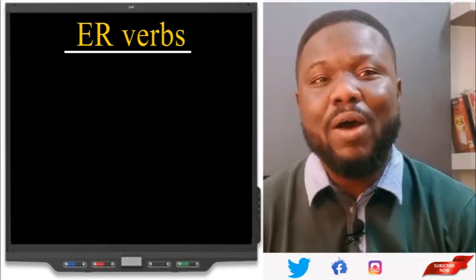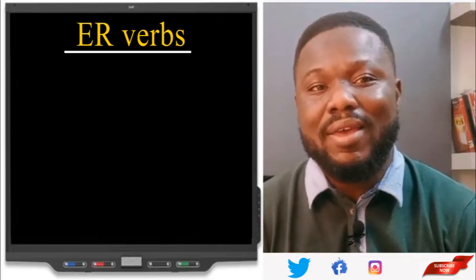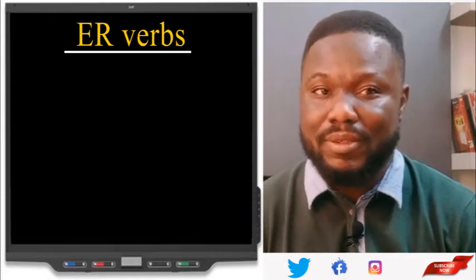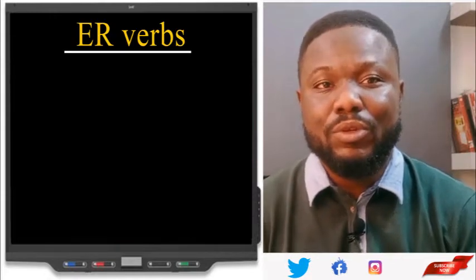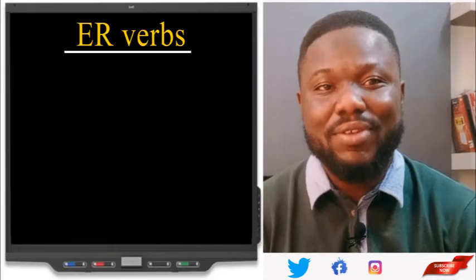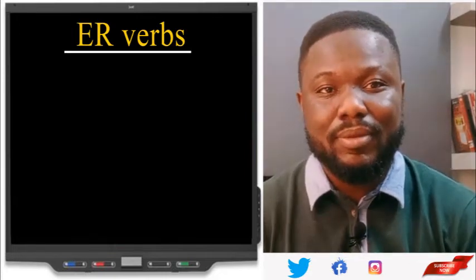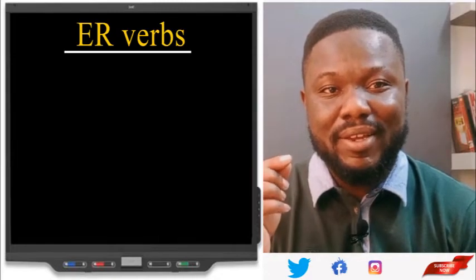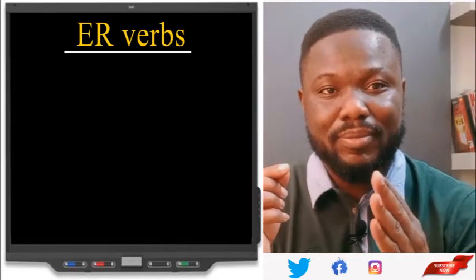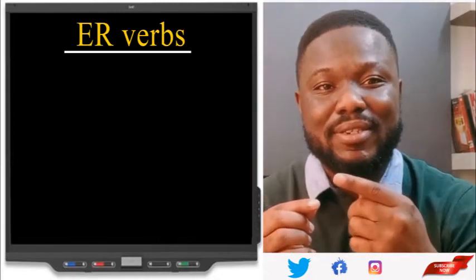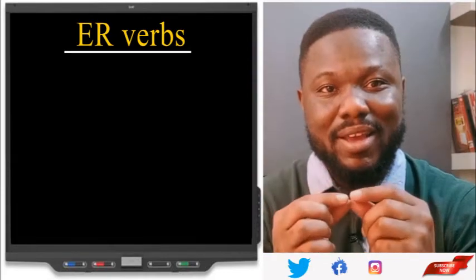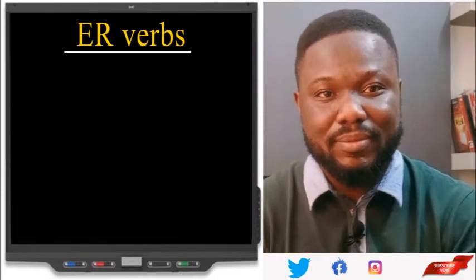So how do we conjugate ER verbs in French? Simple. To conjugate any regular ER verb in French, this is how you do it. You take the ending ER, you remove it, and you replace that ending with the following endings.